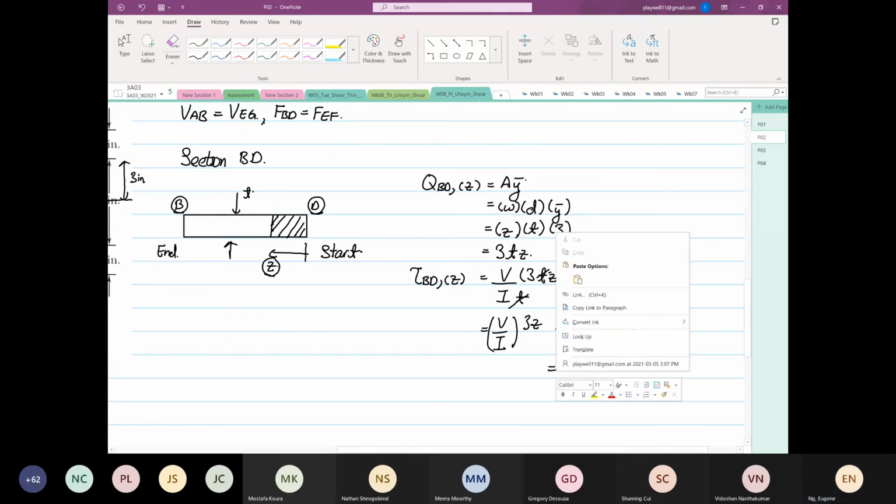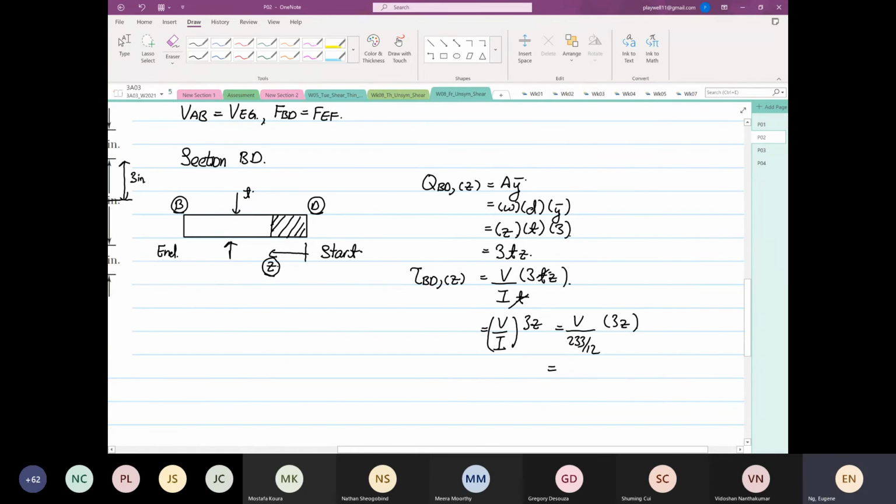This will be equal to 3 times 12 divided by 233, so it's 36 over 233 VZ.